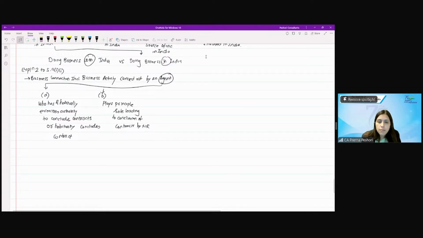Fine. Okay. So this is the part B. It says that the agent is concluding the contract on behalf of the non-resident or is playing the principal role leading to the conclusion of contract by the non-resident.